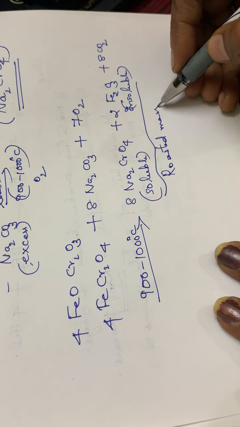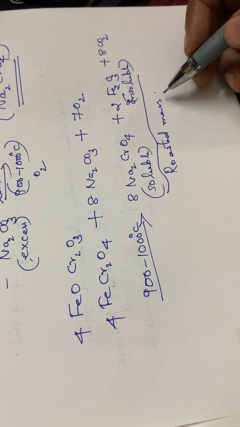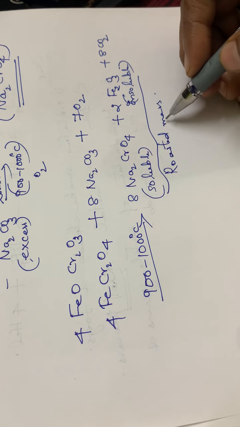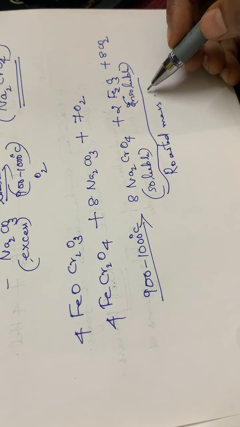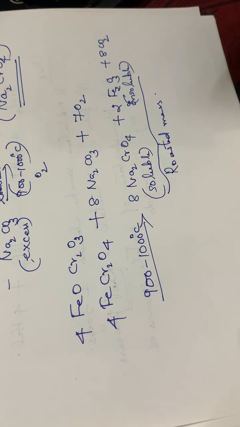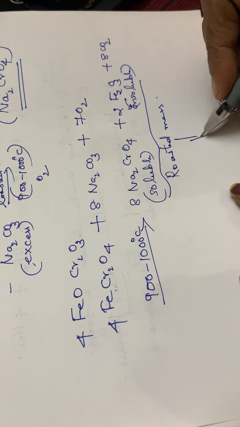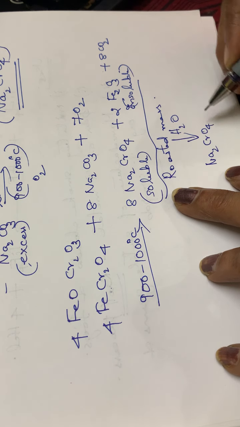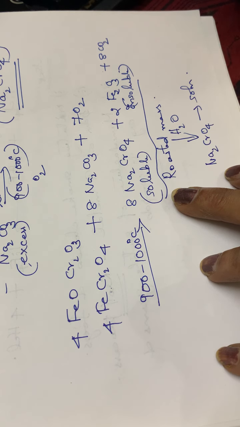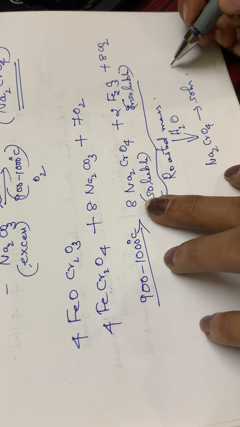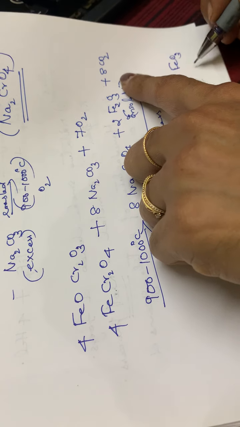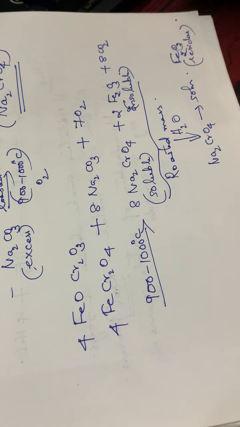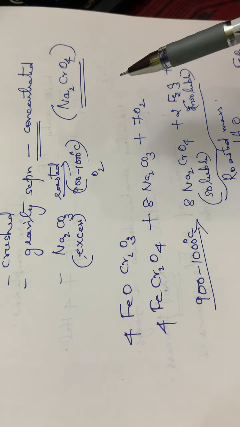When this roasted mass is treated with water, sodium chromate Na2CrO4 will go into solution, and Fe2O3 will be left as a residue. So this is the first step, that is the concentration of the ore.